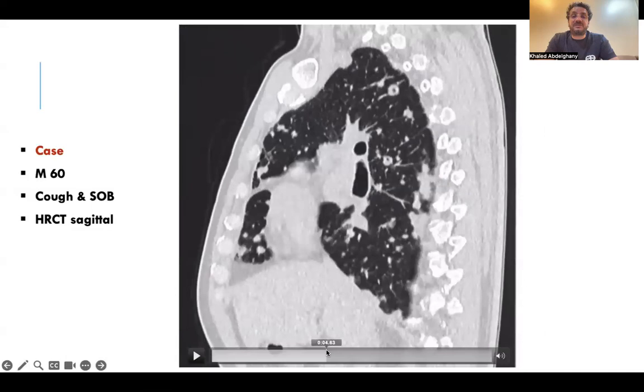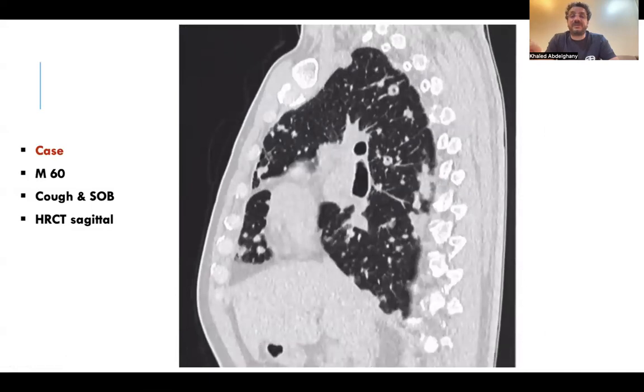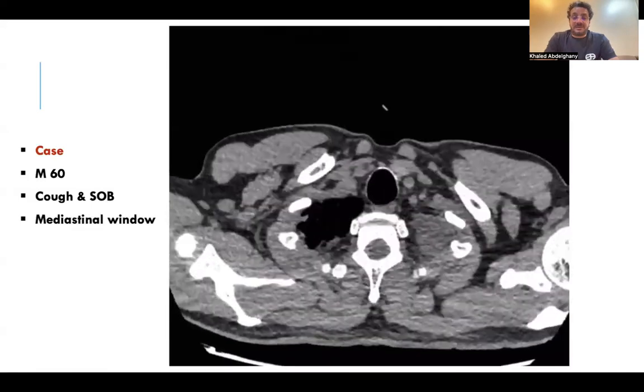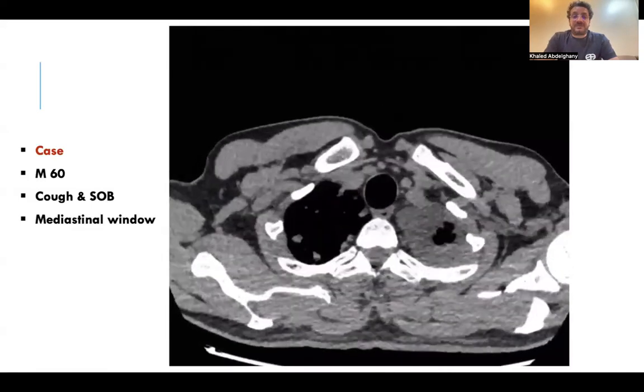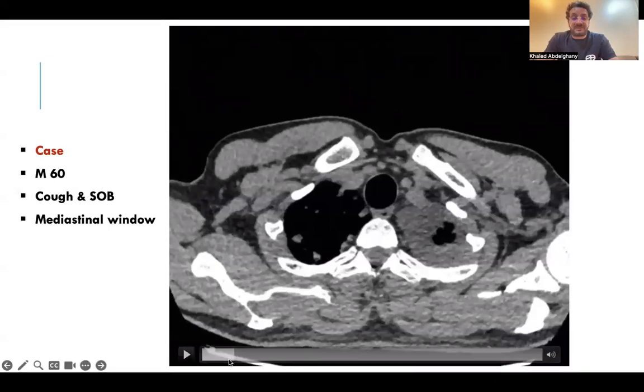Here you can also appreciate the presence of cavitation or air bronchogram within the nodules. This is not against metastasis. I will proceed to talk about the cavitation and air bronchogram after this scan.